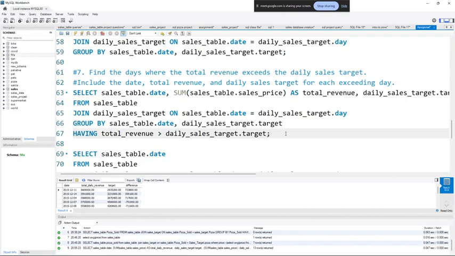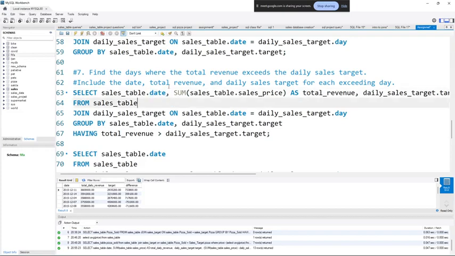So now let's continue. We have the dates. That is from the sales table, we pick the dates.